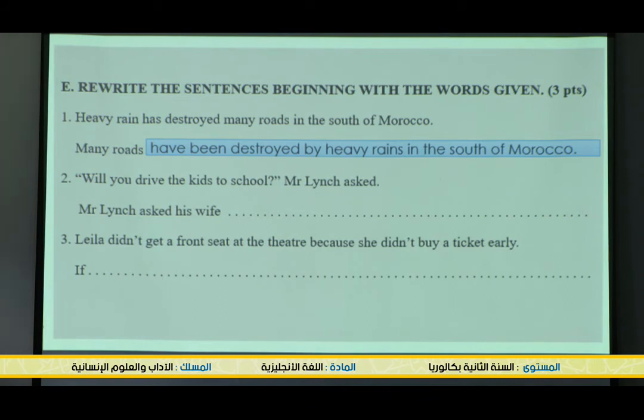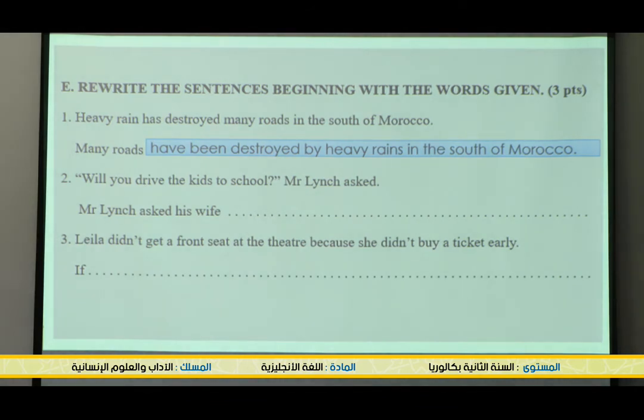And when we report a question, the reported clause should begin with what? Should begin with, can you think about it? Should begin with if or whether, okay? And then, again, make the necessary changes, the time shifts.